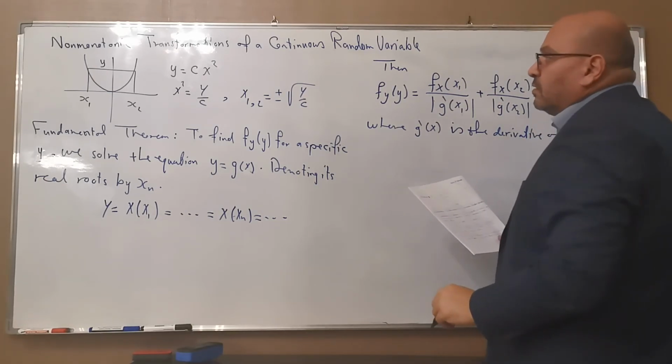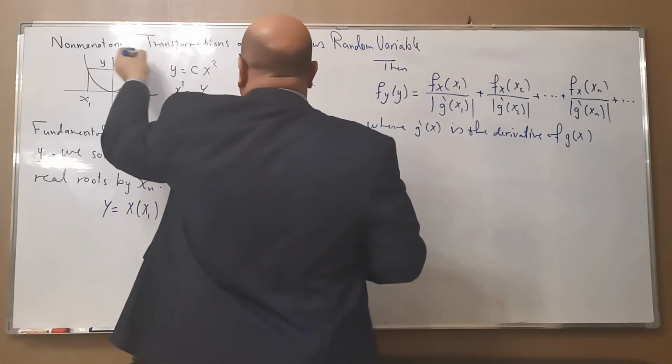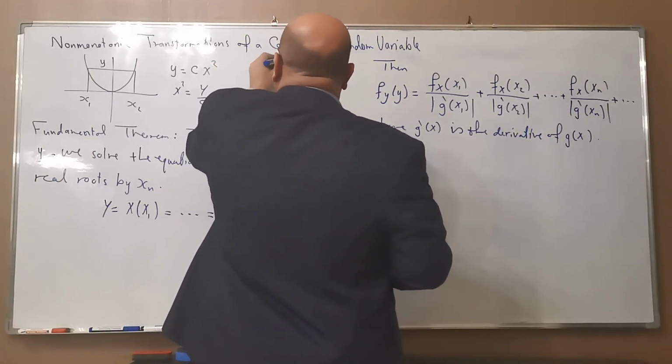Okay, so this is our transformation, non-monotonic transformation, y equals g of x.